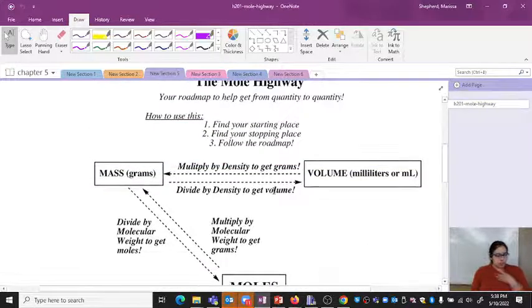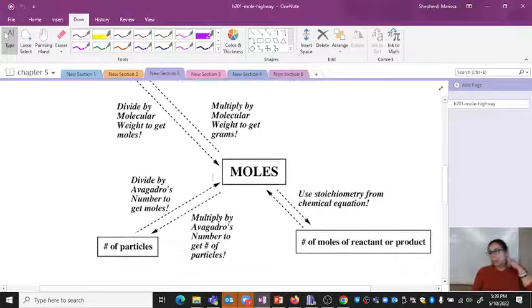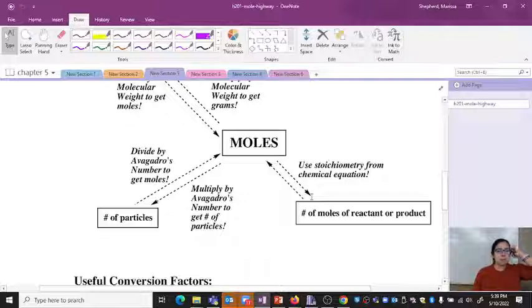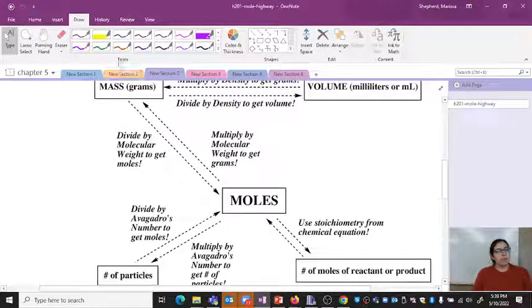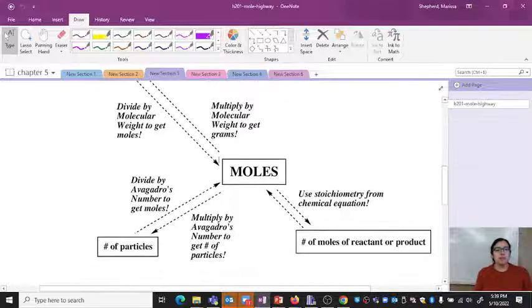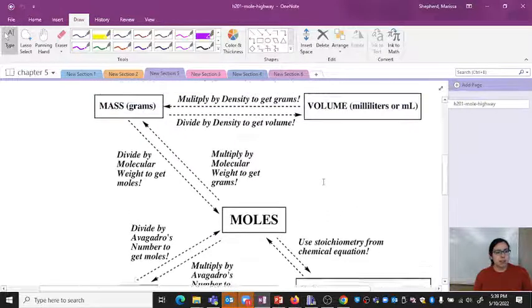So this is just a mole highway shamelessly stolen from Everett Community College, but it's super useful. Obviously you should use your dimensional analysis, but sometimes it's good to look at this just to remind yourself. So of course we have our moles. We can get that from our balanced equation.